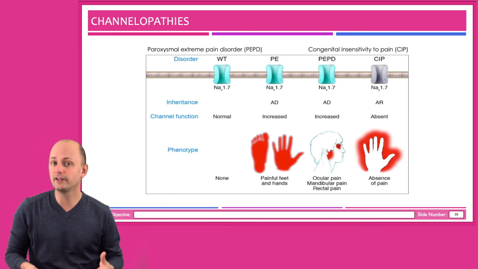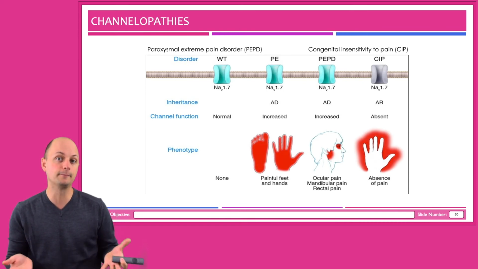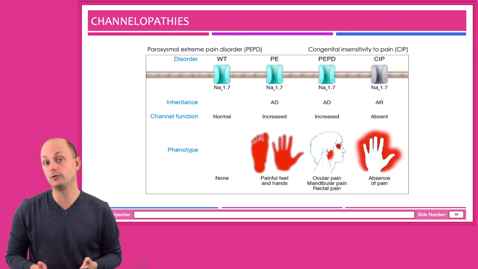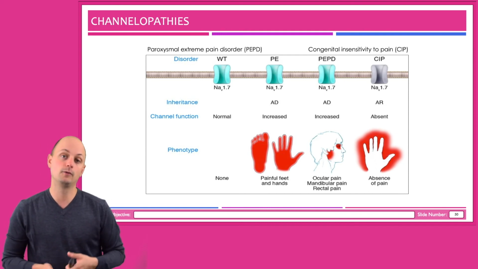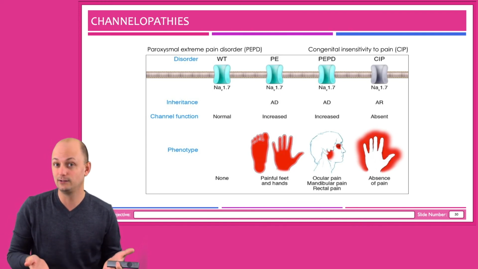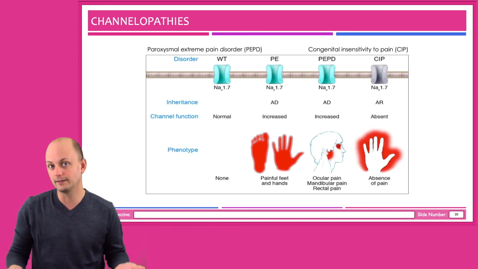Now, people have studied pain disorders for a long time to try to develop better ways to treat pain. There's been a lot of renewed interest in this lately, especially due to the opioid epidemic. We know that drugs that are based off of sodium channels are not as addictive as ones that affect brain chemistry, like morphine or OxyContin.